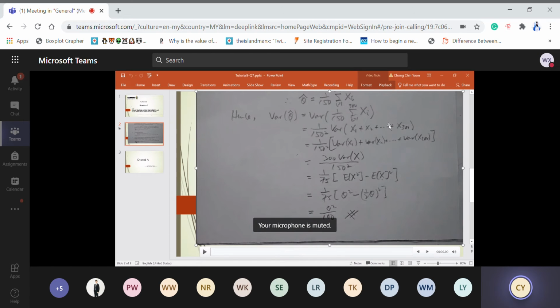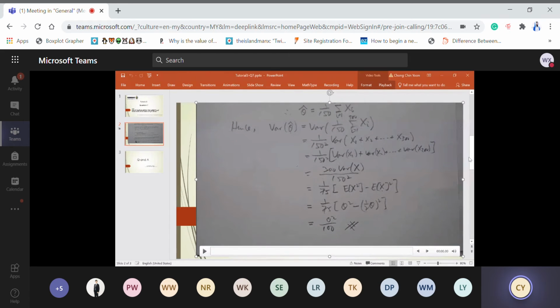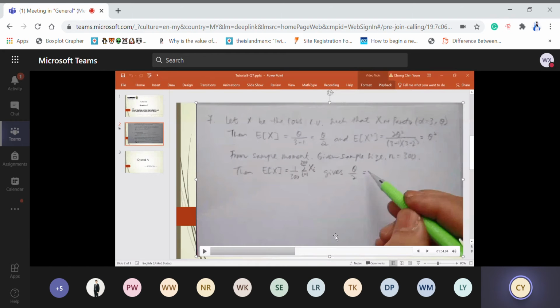Okay, now this problem is quite mathematical, like question number 6. Okay, so for this problem you have to take note. At first, you have to take the first raw moment and second raw moment under Pareto.